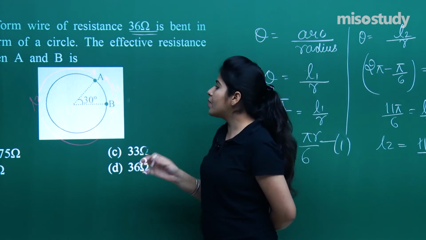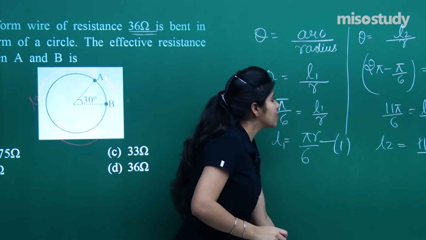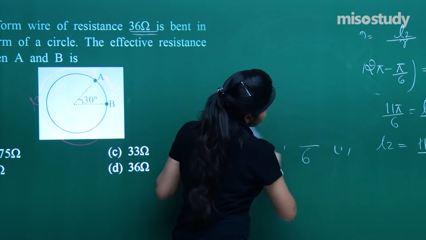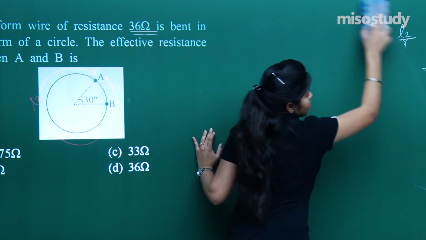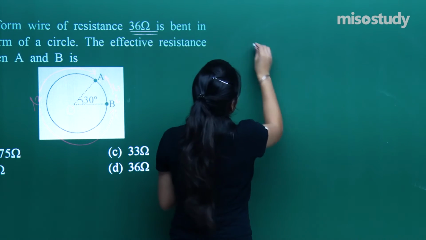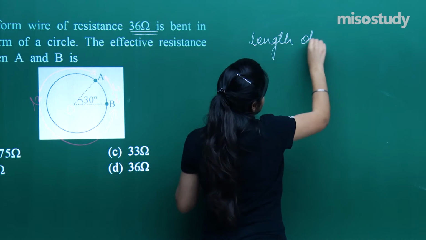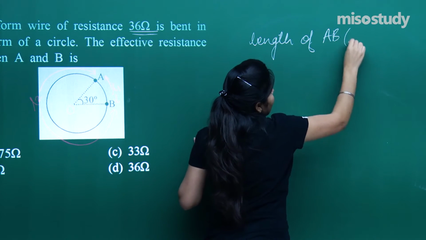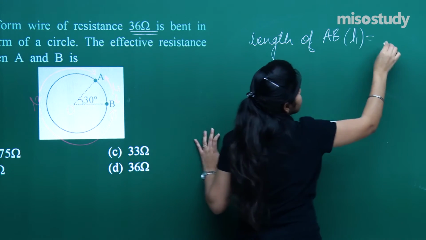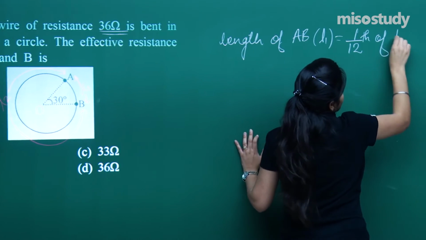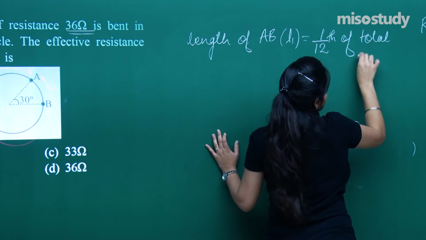So let me remove this and write for that: length of AB, that means L1, is nothing but 1 by 12th of the total length.